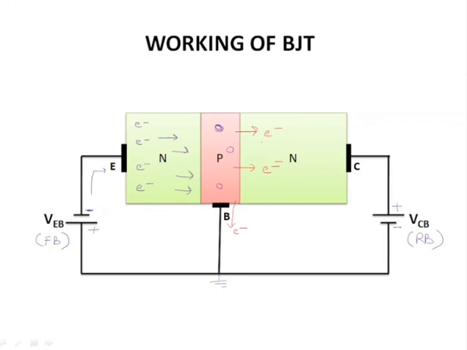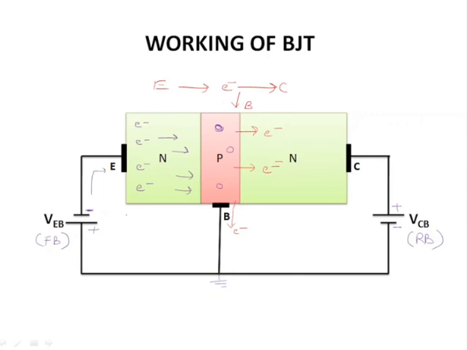And the rest of the electrons will get collected at this collector terminal. So if you look carefully, the electrons are moving this way towards the collector and this way towards the base, and they were coming from the emitter. So the electrons emitted by the emitter are divided towards the base and collector.